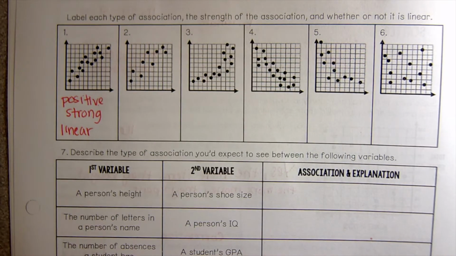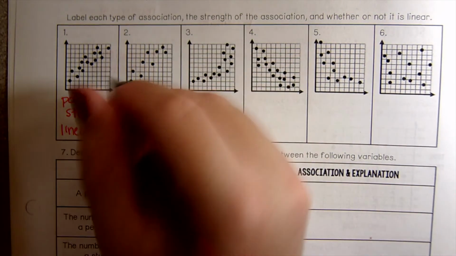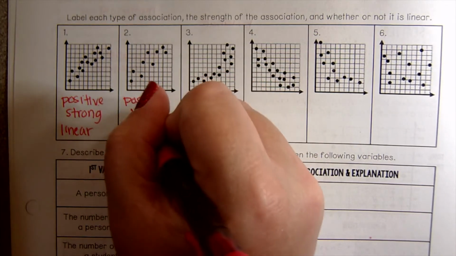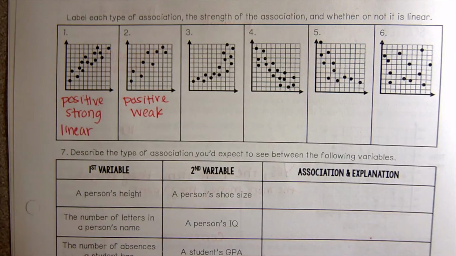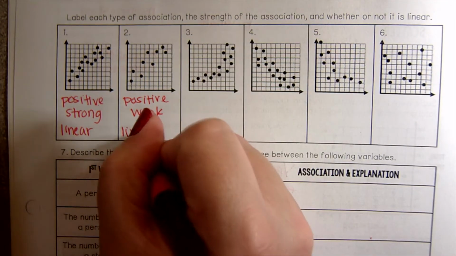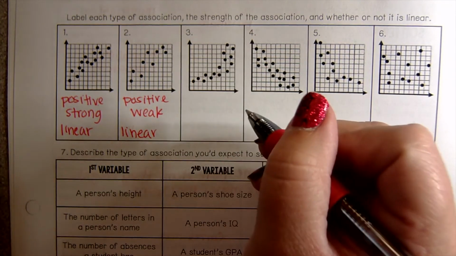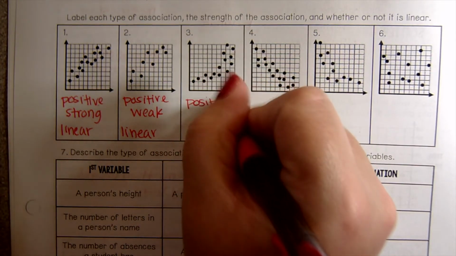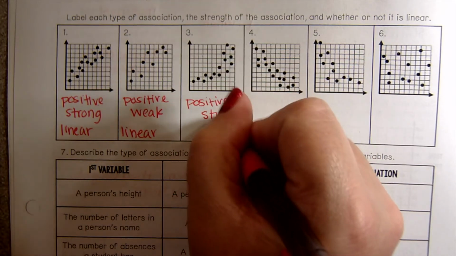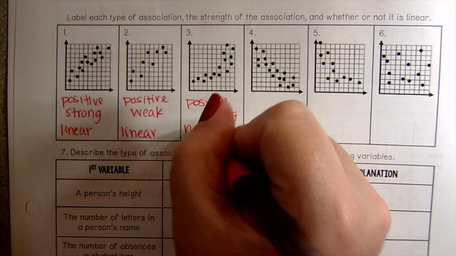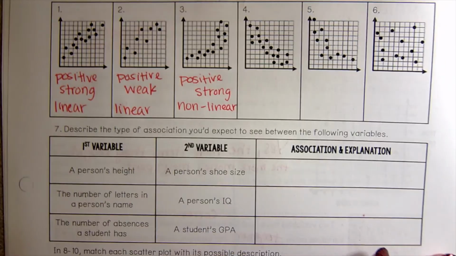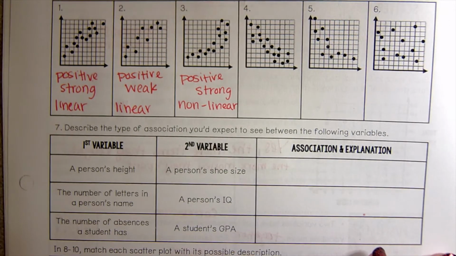Number 2, positive, negative, or none? It's still positive. Is it strong or weak? Weak. Those points are getting further apart. And is it linear or non-linear? Linear. All right, number 3. Positive. Positive, strong, and what? Non-linear. That does not make a straight line. Number 4. Negative.